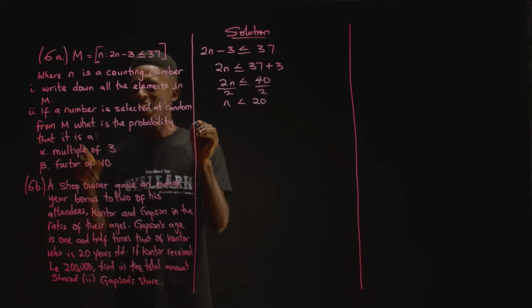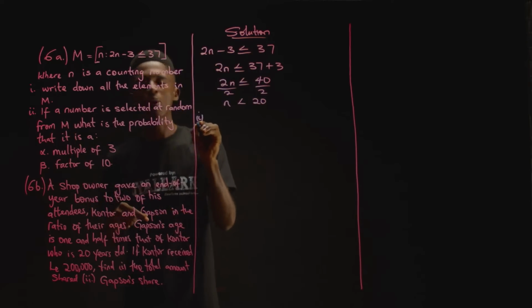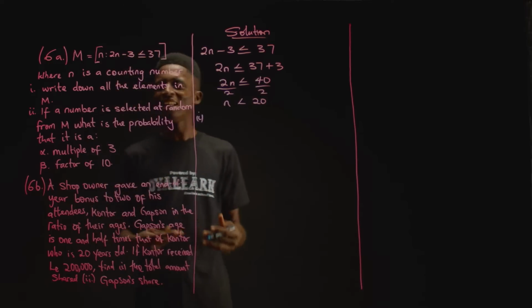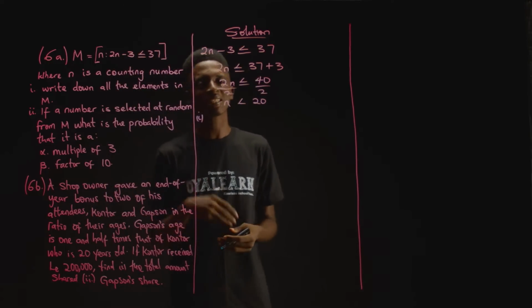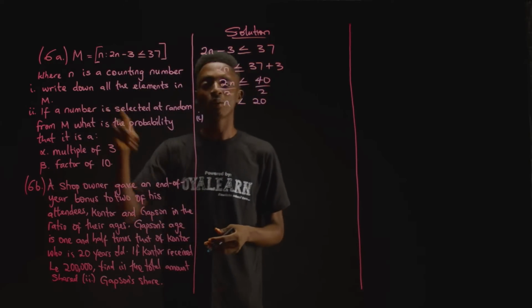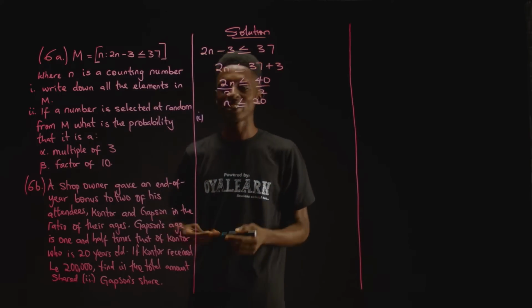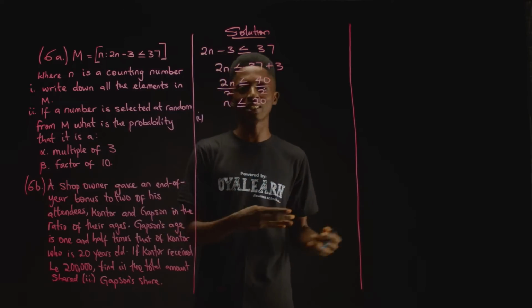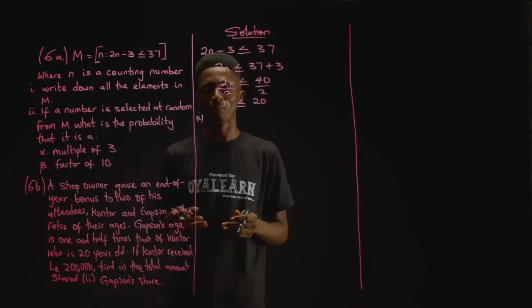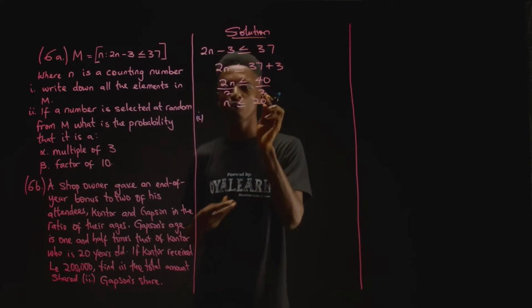What this means is that for the first part, where we are asked to write down all the elements in M, remember that the elements of M consist of n, which are counting numbers, and it is less or equal to 20, that is numbers before 20. And we have to look at the natural numbers, that is from 1 all the way to 20.